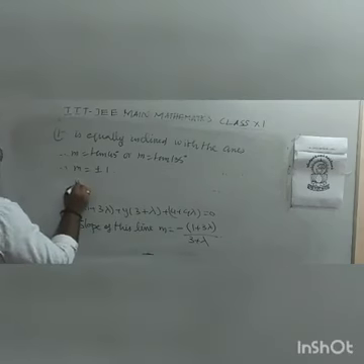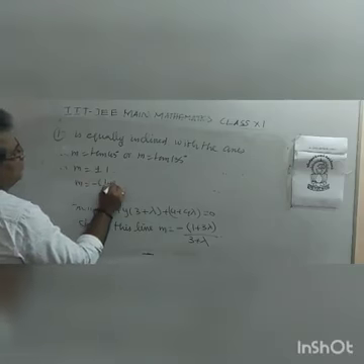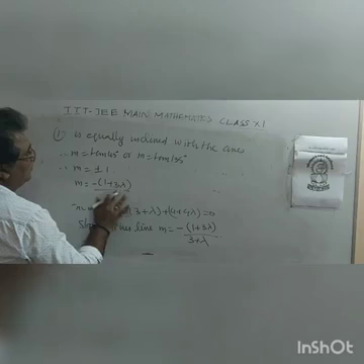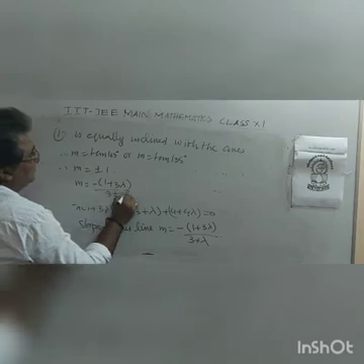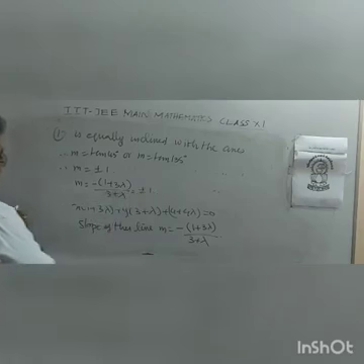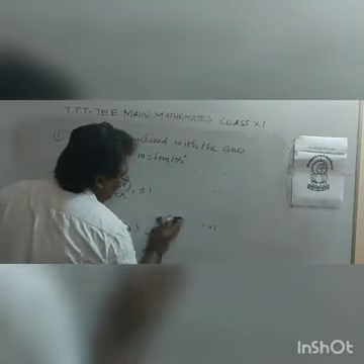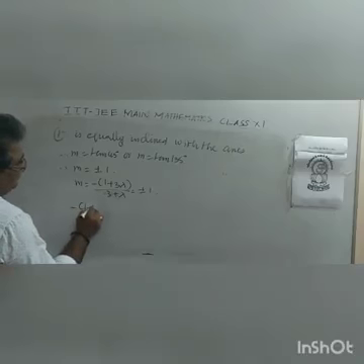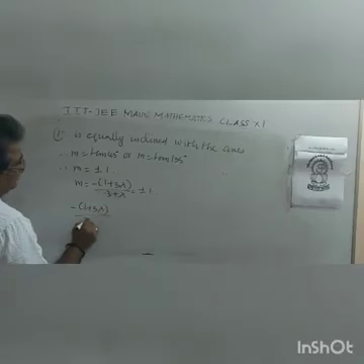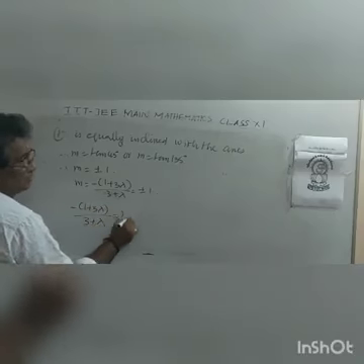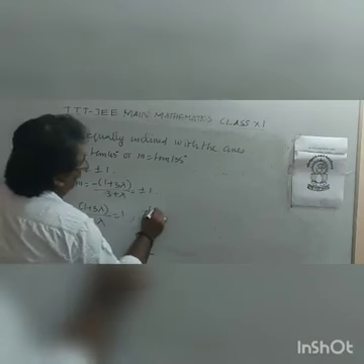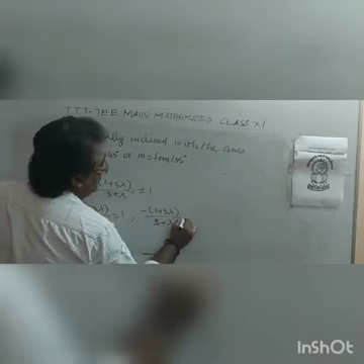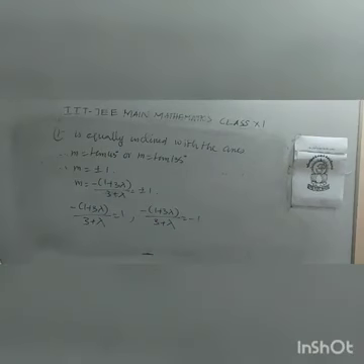So, m equal to minus of 1 plus 3 lambda by 3 plus lambda equal to plus or minus 1. Minus of 1 plus 3 lambda by 3 plus lambda equal to 1, or minus of 1 plus 3 lambda by 3 plus lambda equal to minus 1.